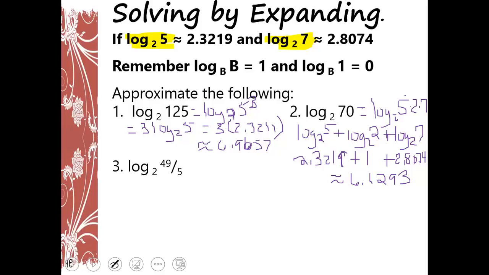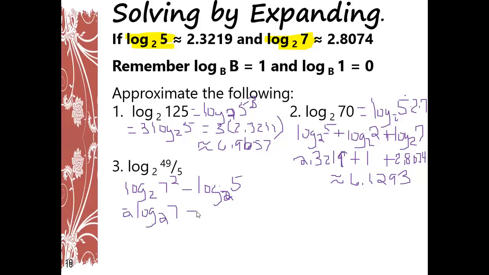All right, the last one we're going to do is log base 2 of 49 over 5, and so I'm going to expand that by writing it as log base 2 of 49, which is 7 squared, minus log base 2 of 5, and then this is 2 log base 2 of 7 minus log base 2 of 5.